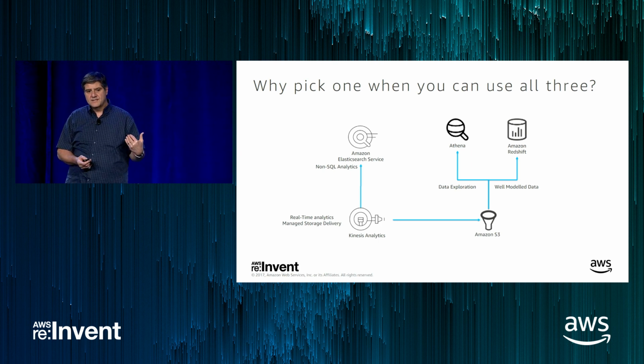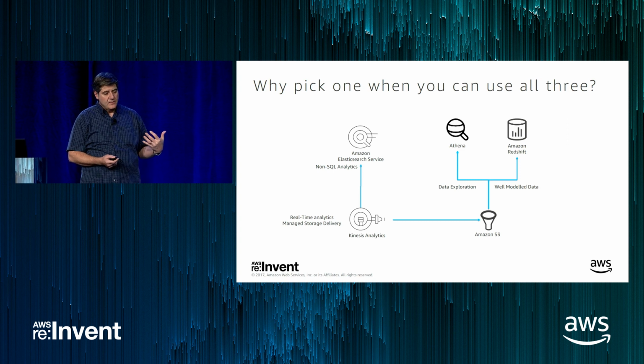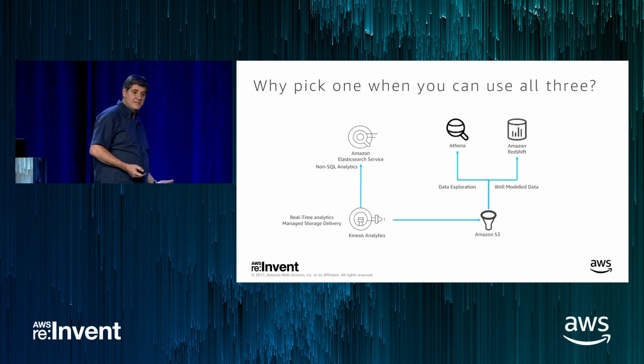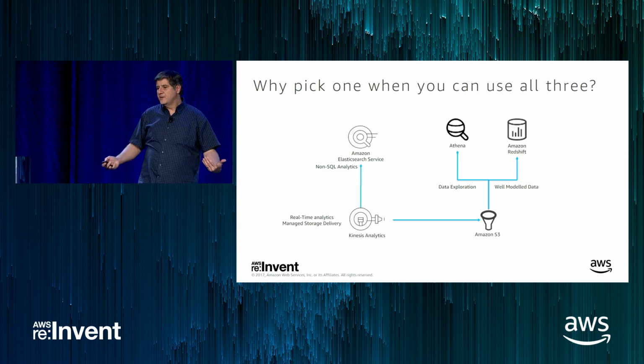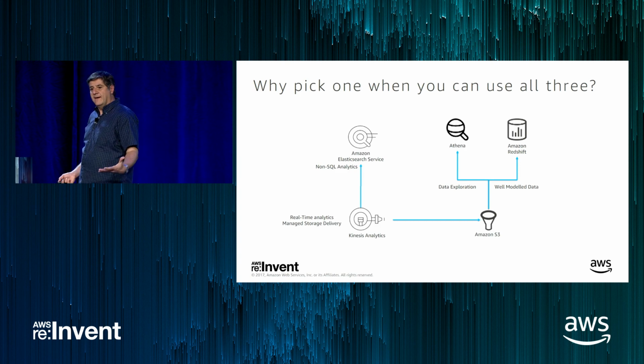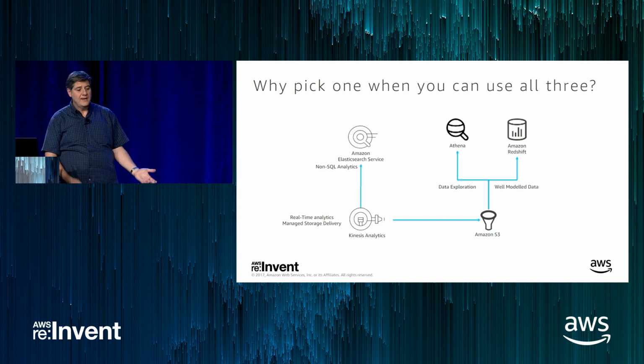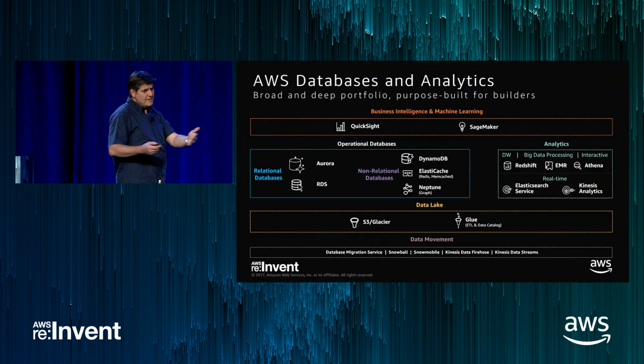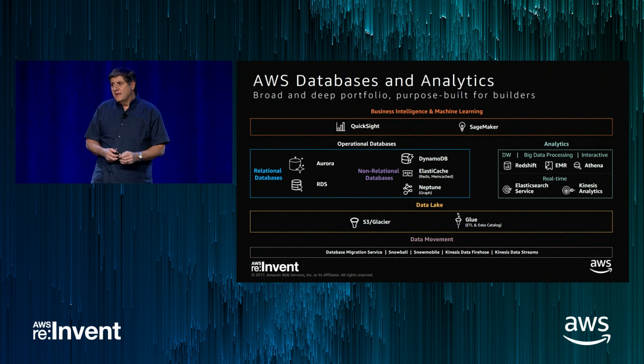Because maybe you don't need servers that are up all the time, because you occasionally query some data, and Athena comes in really well. But for the dashboard that you need to be active all the time, you use Redshift, or you use a combination of all of them, which really brings back the portfolio.